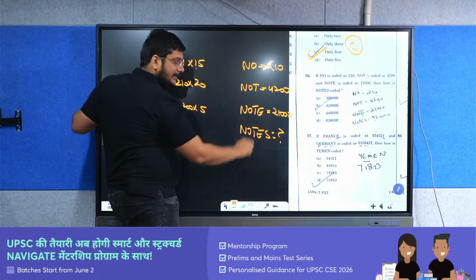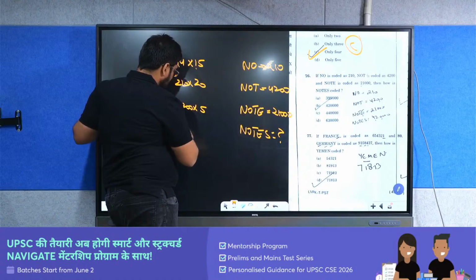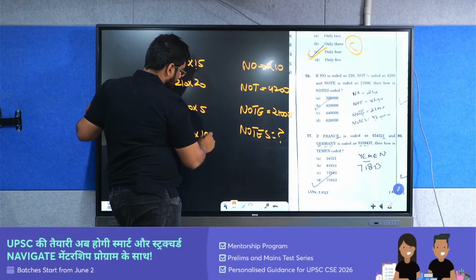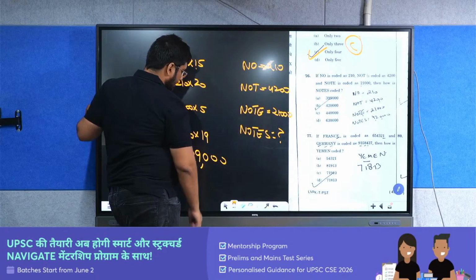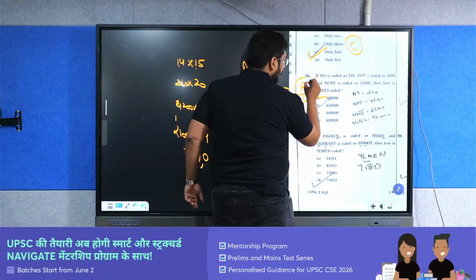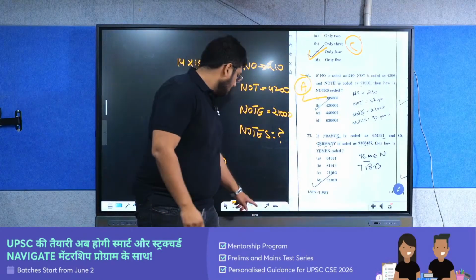Why 5? Because E is 5. That is 21000. Then 21000 into S. S is 19. 19 zeros are 0, 0, 0. 19 ones are 19, 9, 1, 38, 39. That means 3,99,000. Option A. Correct answer, option A. Done?